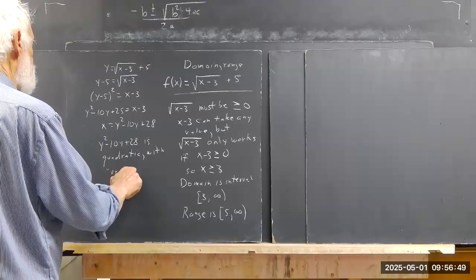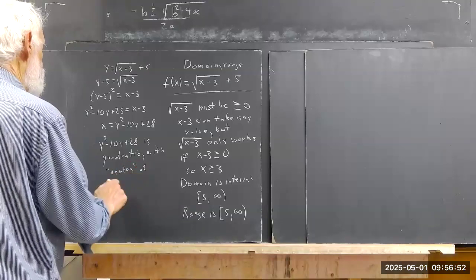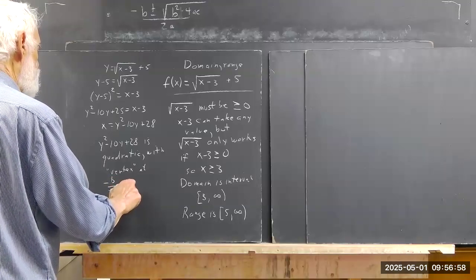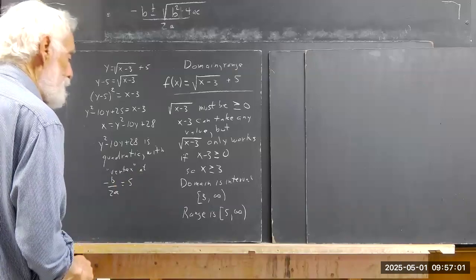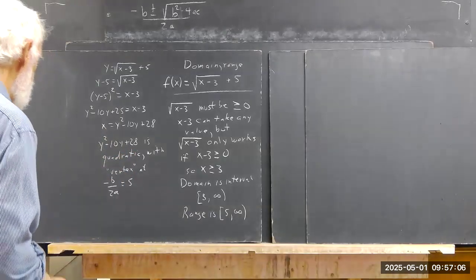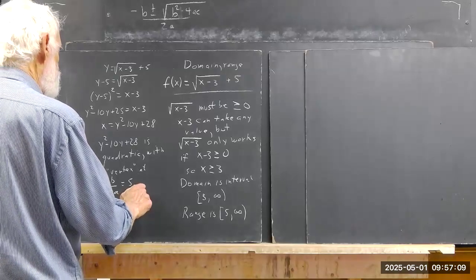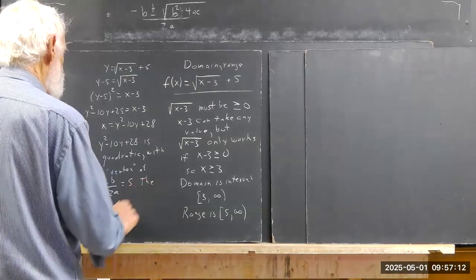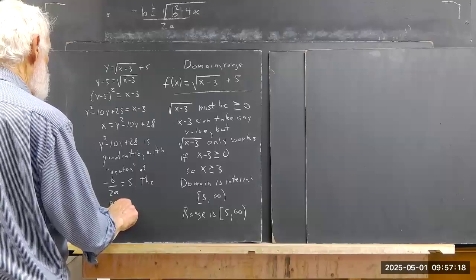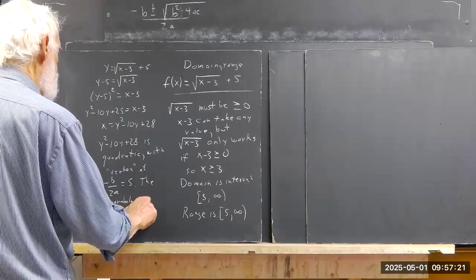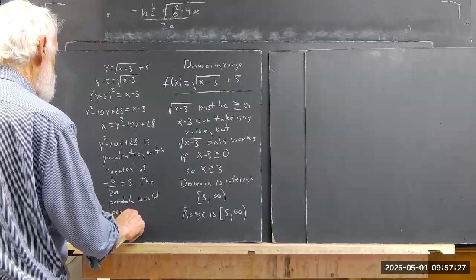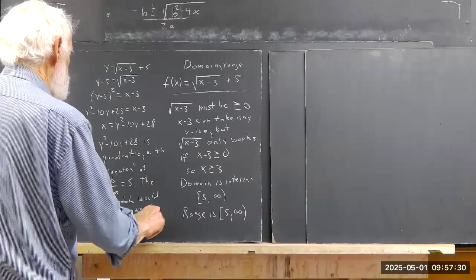The x at negative b over 2a equals 5. This means that the parabola would open upward.